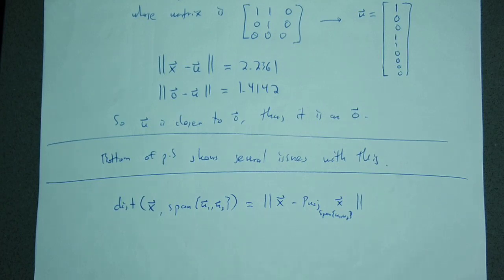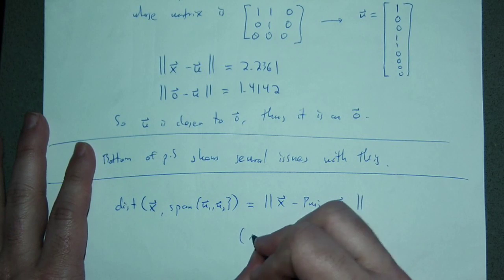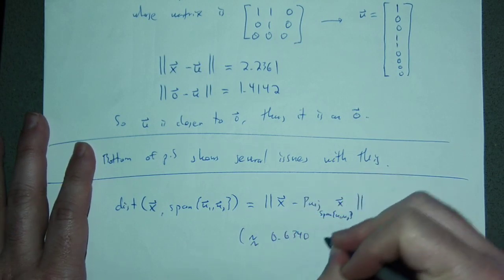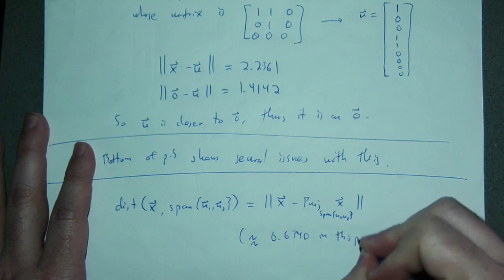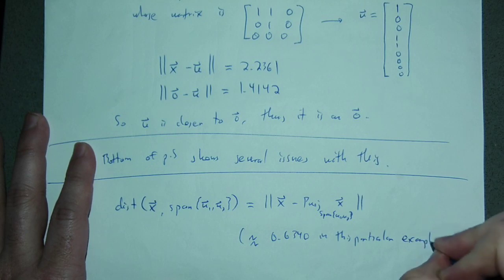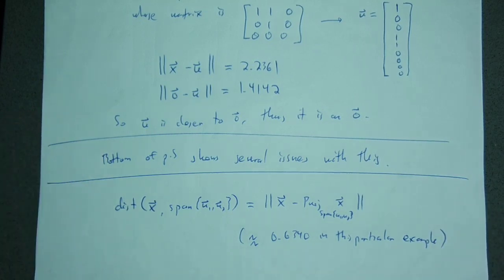So in this particular example, this is 0.6340. Okay, which maybe you say is close enough. Of course, it's important to remember that distance is relative in terms of closeness.